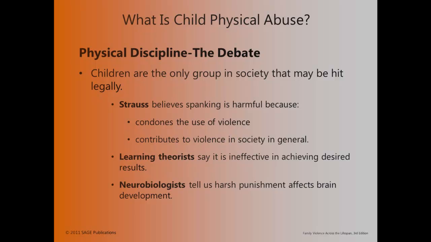That contributes also to violence in the family, but Straus sees it the other way around. Learning theorists say that physical discipline is ineffective in achieving desired results, and we'll touch on that in a few more slides as to why. And neurobiologists, those who study the brain and its development, tell us that harsh punishment affects brain development in negative ways.